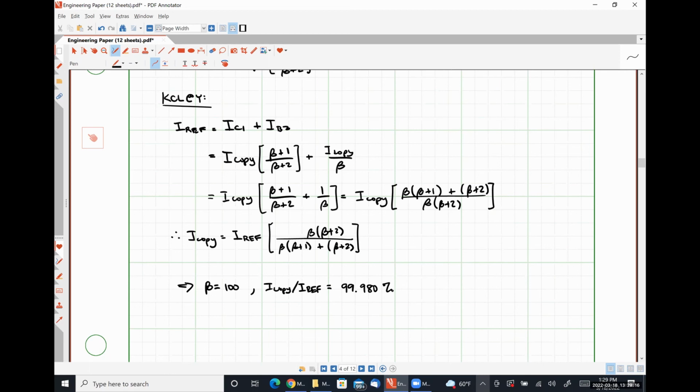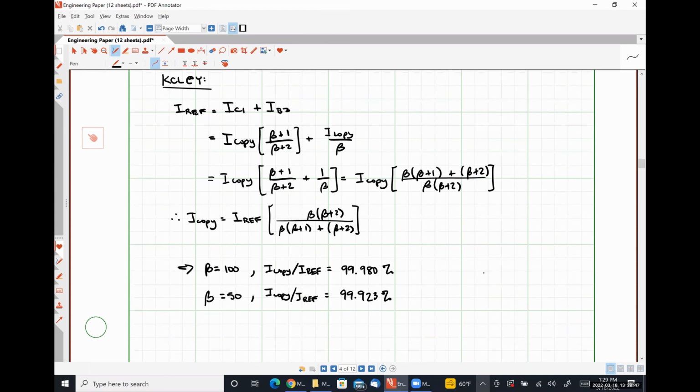Okay. For beta is equal to 50, I copy over IREF is 99.923%. So that's a pretty appreciable change in beta and a very small change in the error.